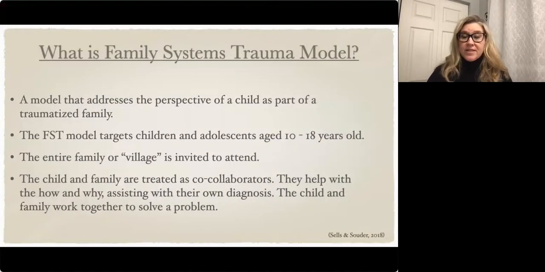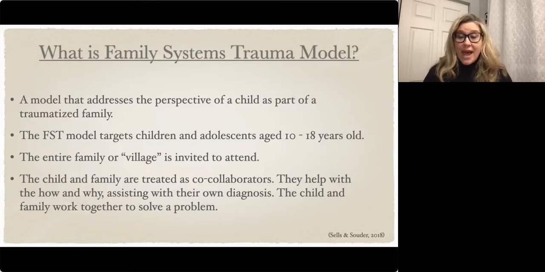So what is the family systems trauma model? A model that addresses the perspective of a child as part of a traumatized family. The FST model targets children and adolescents aged 10 to 18 years old. The entire family or village is invited to attend the therapy process. And by village, Dr. Scott Sales refers to grandparents, aunts, uncles.